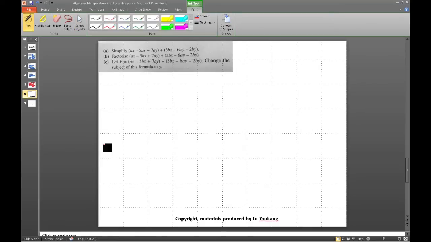Okay, last slide. We are asked to simplify this question, part A. If you are asked to simplify, basically you just open the bracket and combine similar terms after doing that. So let's underline similar terms.